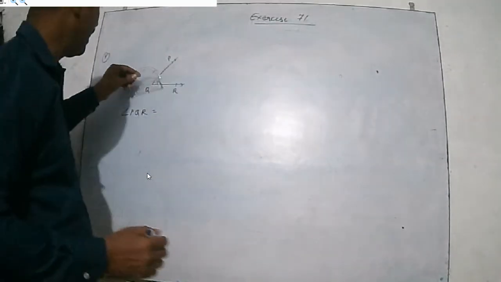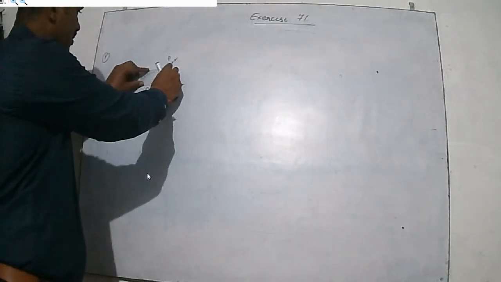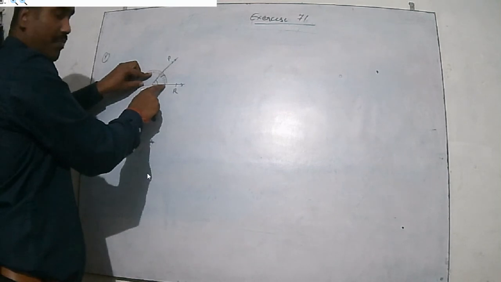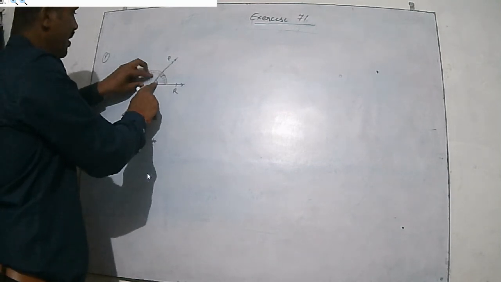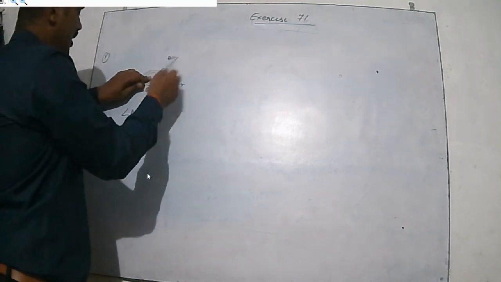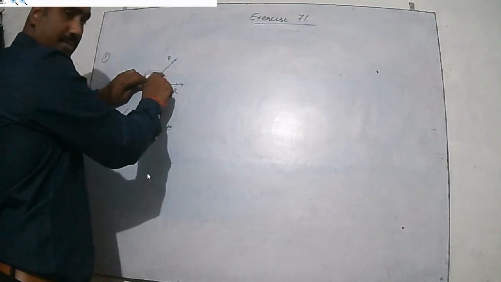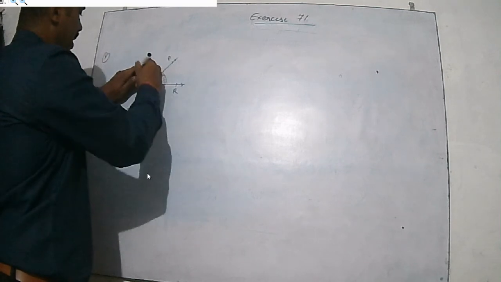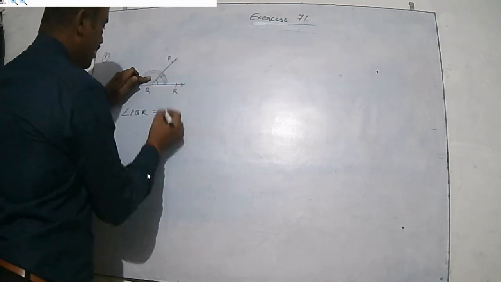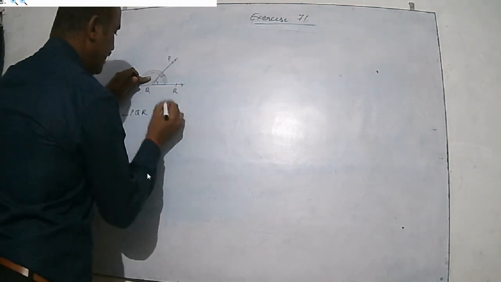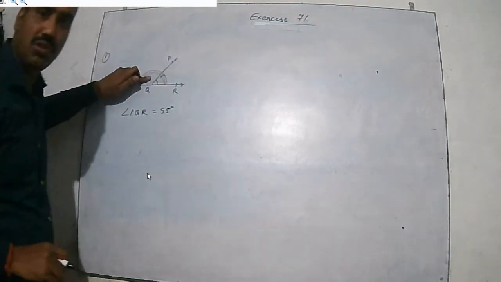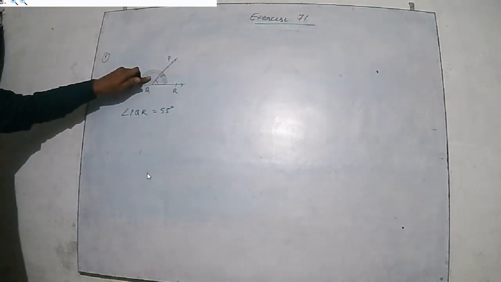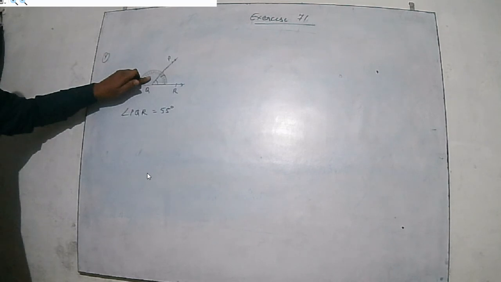You have to place the baseline here. Okay, place it here, and after this you see the under one, the next ray. So you see that angle PQR is how much? It is 55 degrees. Okay, so in this way you have to find the angles. Clear?